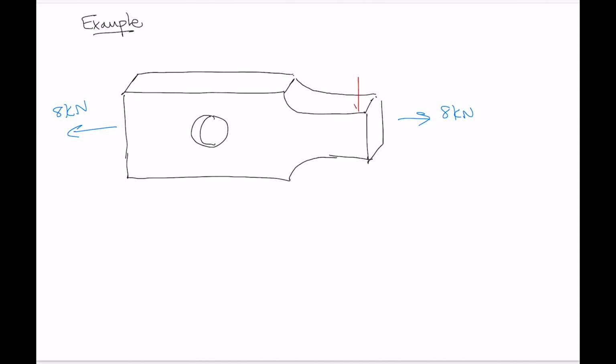And some dimensions would be good. So we've got, let's say, 30 millimeters for the width of the small portion, and then 60 millimeters for this portion, and our hole diameter we'll make 12 millimeters, and the radius of our fillet we'll say is 15 millimeters, and the thickness of the plate is 5 millimeters.